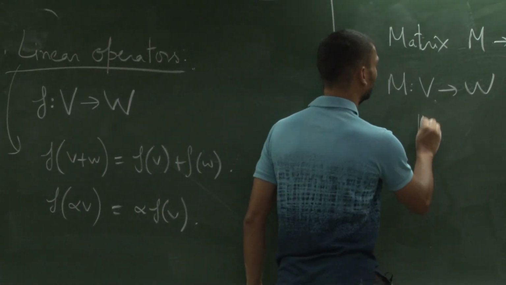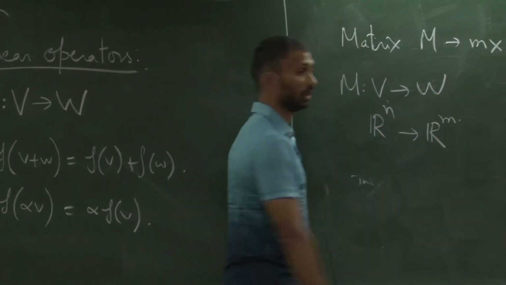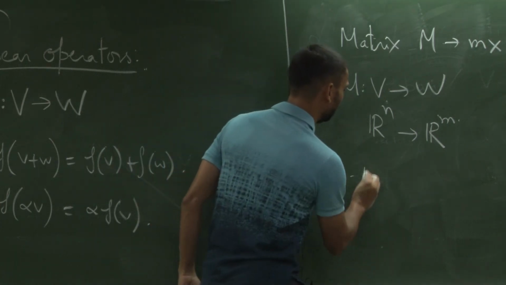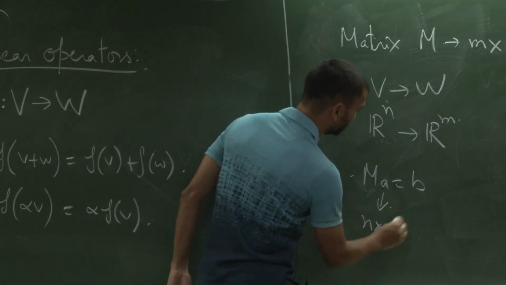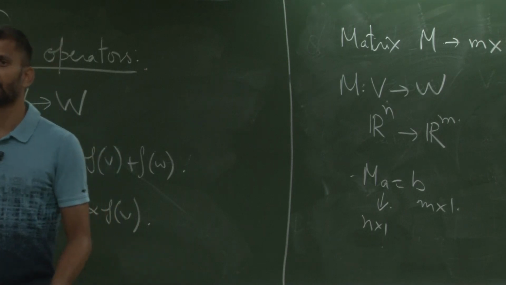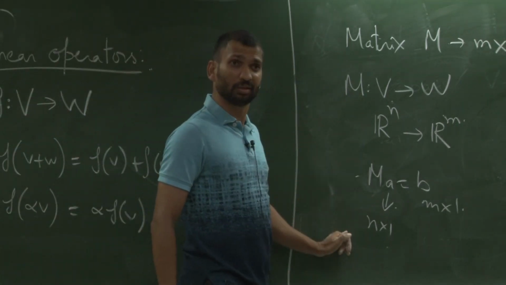V is Rn and W is Rm. It takes a vector. Remember, Ma equal to b. This has to be n cross 1. Correct? So M is basically a linear operator.